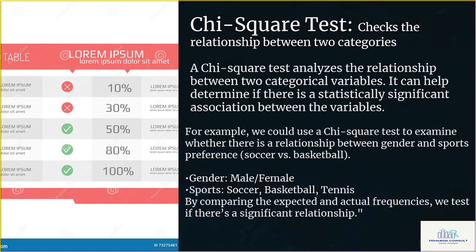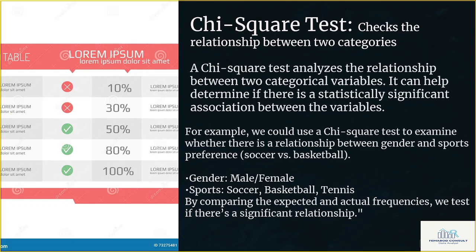So let me quickly mention what the explanation is talking about here. It says that a chi-square test analyzes the relationship between two categorical variables. It can help determine if there is a statistically significant association between the variables. For example, we can use the chi-square test to examine whether there is a relationship between gender and sport preferences.